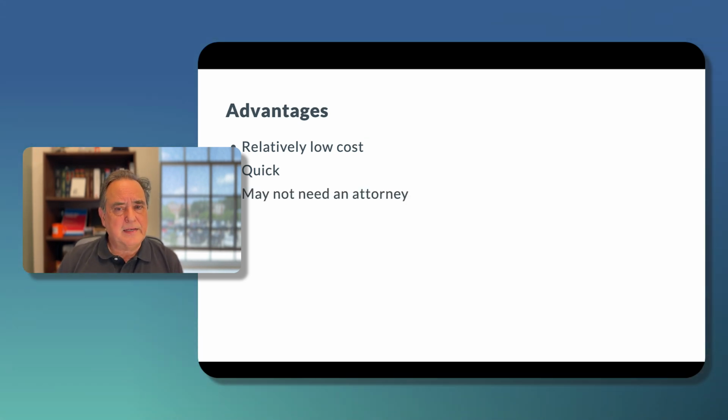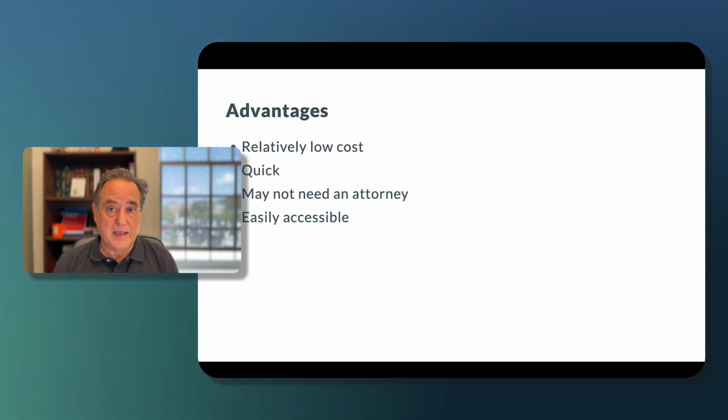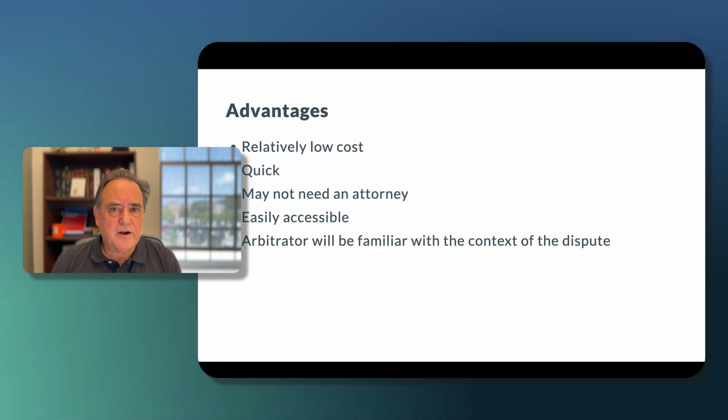You may not need an attorney. Arbitrators don't necessarily need an attorney. It's easily accessible, meaning there are fewer formalities than there are in litigation. Oftentimes, you simply fill out a pre-printed form or something online, and make a claim. The arbitrator has expertise.